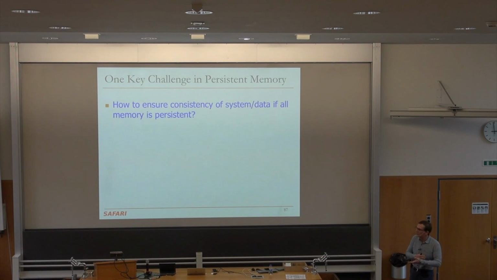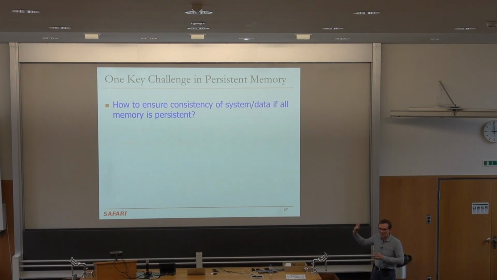If you haven't stopped things at a consistent place, you may have inconsistent data. For example, if something has stopped while you're manipulating a linked list, and some of the links you formed and some of the links you have not formed, then you may have a problem, right? If you already updated the persistent memory.